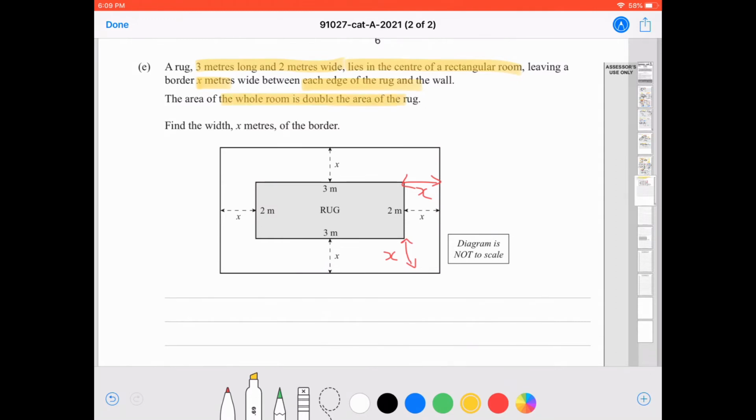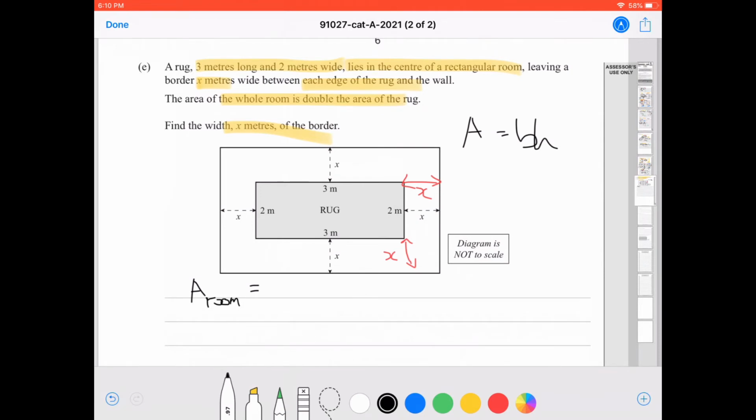Okay, that's an important point. The question asks us to find the width, x meters, of the border. So basically solve for x here. Let's look at our area statement, remembering that the area of a four-sided shape is base times height, and it says the area of the whole room is double the area of the rug.